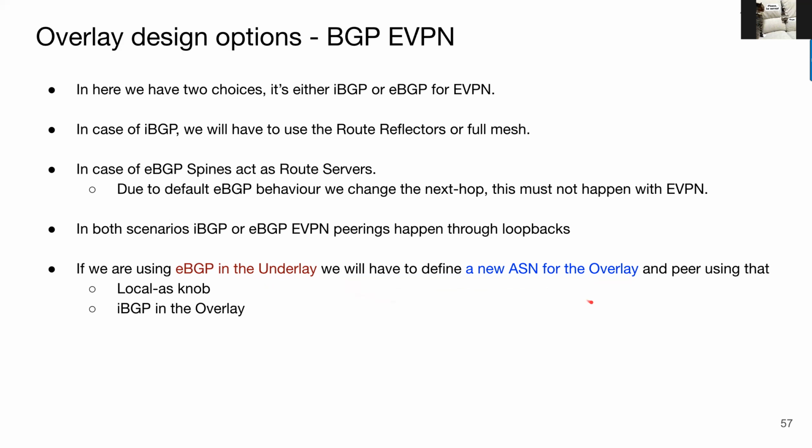In the overlay, we'll have a different peer group. So maybe that's what it's trying to say, because you can have a peer group for your underlay neighbors, because they'll have a set of characteristics or attributes. And then you're going to have a new peer group in the overlay that's going to have a slightly different set of attributes. So for example, the peer group in the overlay, the local AS is something different as well.